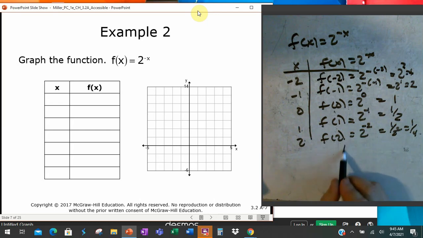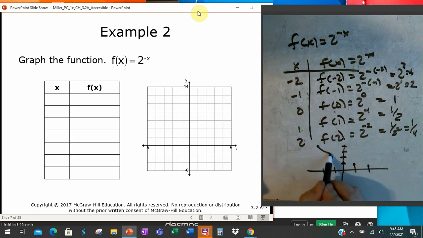Okay, so for here, we're doing the opposite, where we're starting over here higher. So -1, -2, 1, 2, 3, 4. I'm shortening this so this is not a good scale, but it'll give you an idea. The -2 is 4. The -1 is 2, 0, 1, 1, 1/2, 1/4.